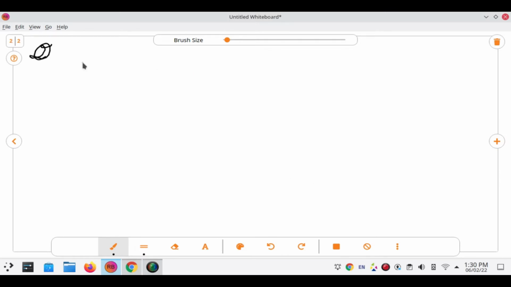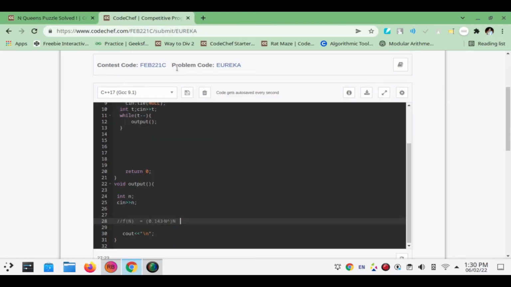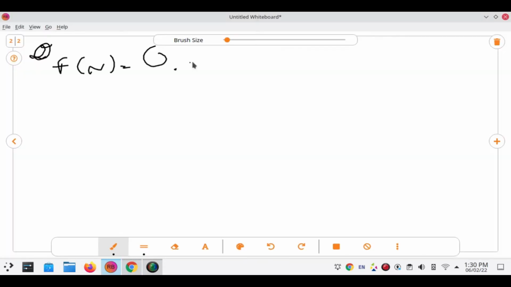The only thing that we have to do is we have f of n, and it equals 0.143 into n, whole to the power n.